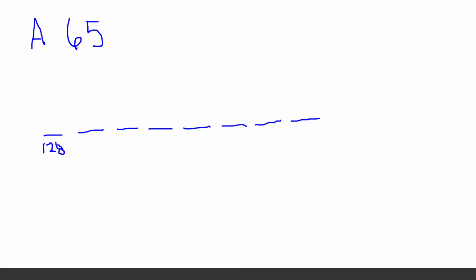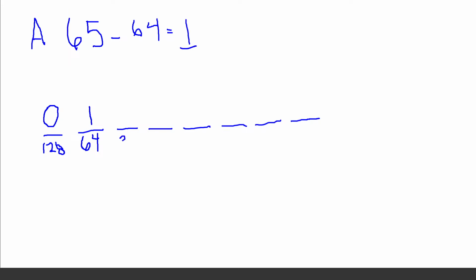In this case, it is not. So that is a 0. The next one is 64. Is 65 minus 64 a positive number? In this case, it is. That's a yes, so I put a 1 here. And then I actually do that calculation. And so now I'm left with 1.